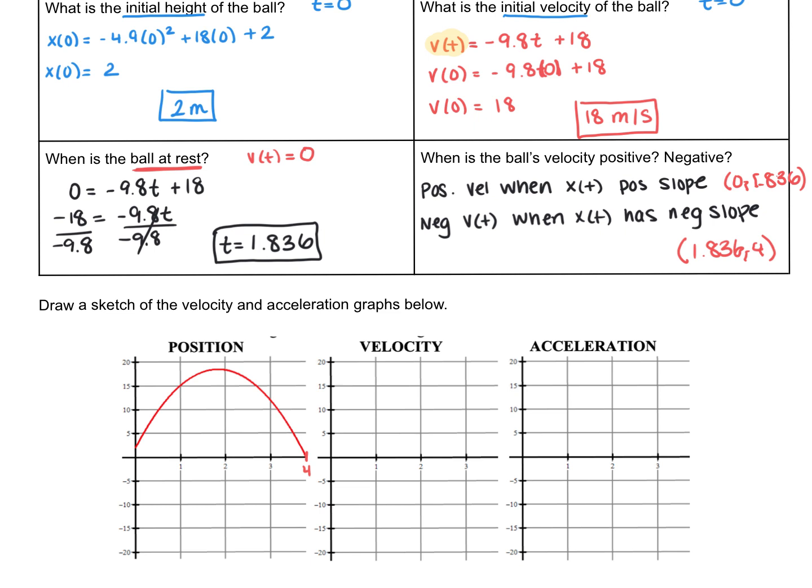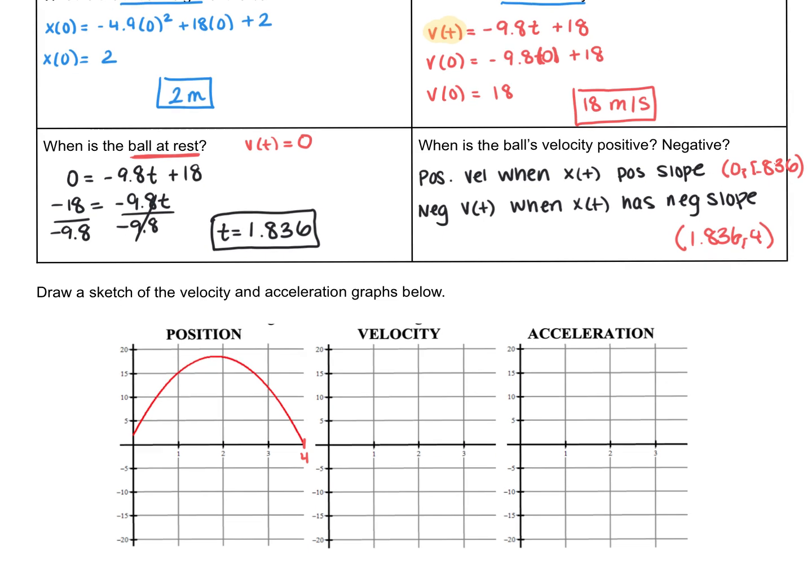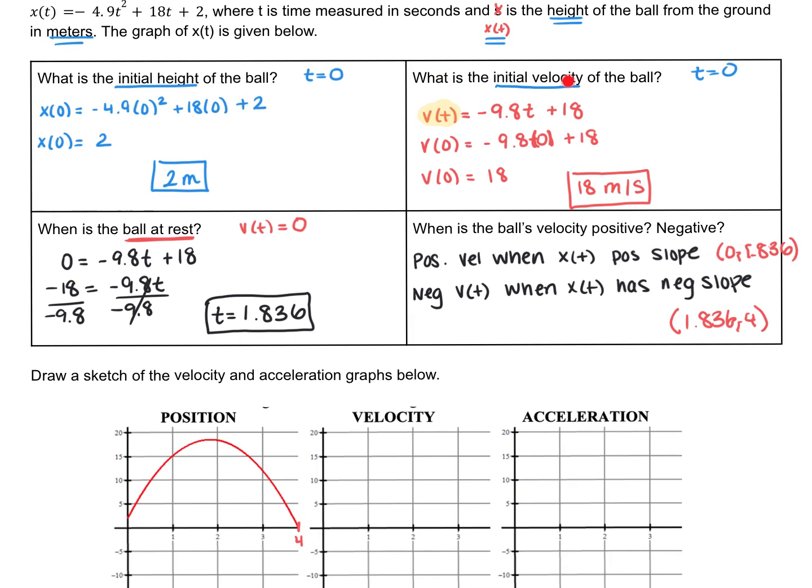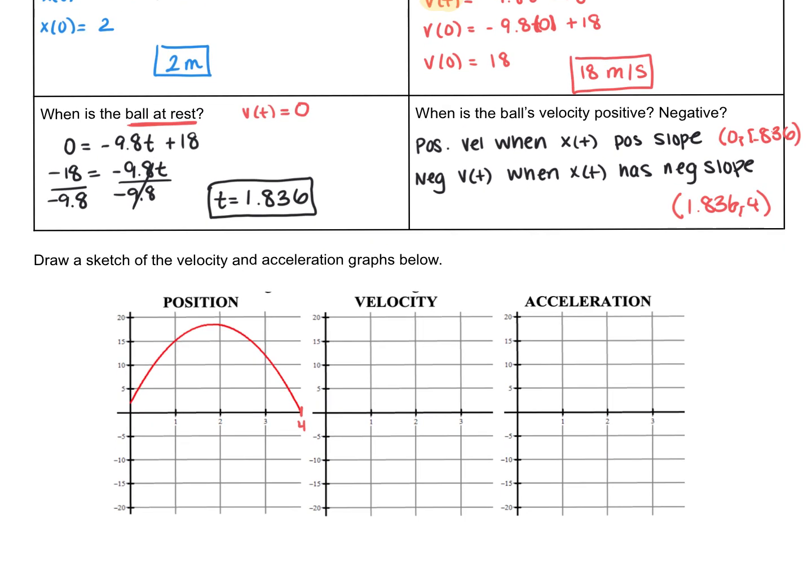So the next part says, draw a sketch of these graphs. Well, we have a sketch of position. We now need a sketch of velocity. So we need to know where velocity starts initially. I think we did that. Initial velocity is 18. So we're going to start our velocity graph at 18, somewhere between 15 and 20. Now we know that we have a positive velocity from here to about here.